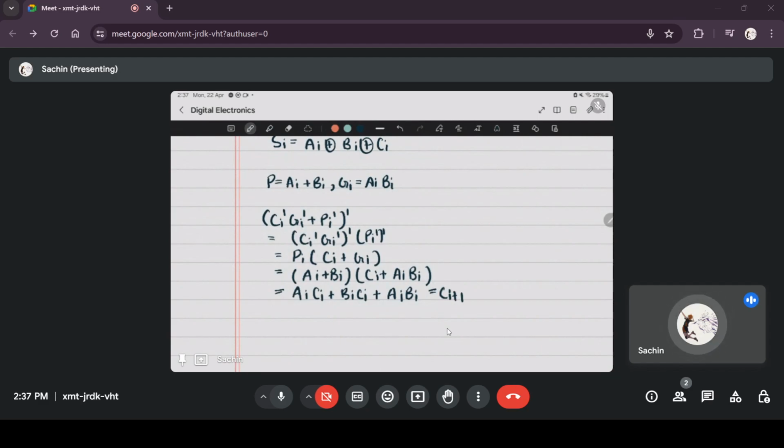So Ci plus 1 can be deduced or calculated from Gi and Pi when Gi and Pi are defined as in the question.